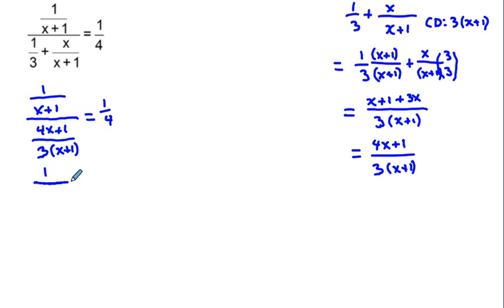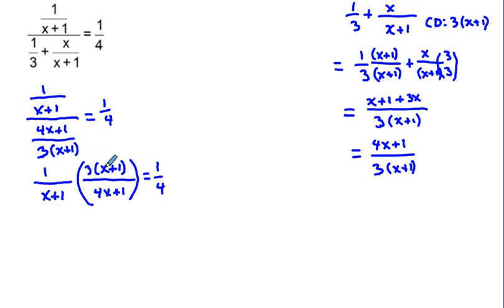We're going to take 1 over x plus 1, and then we're going to take the reciprocal of that denominator, which is 3 times quantity x plus 1 over 4x plus 1. And that continues to be equal to 1/4.